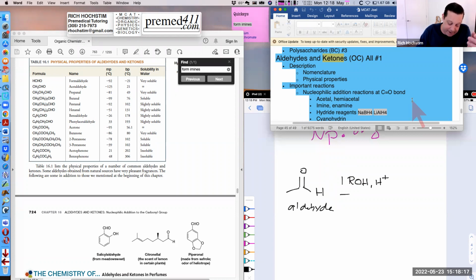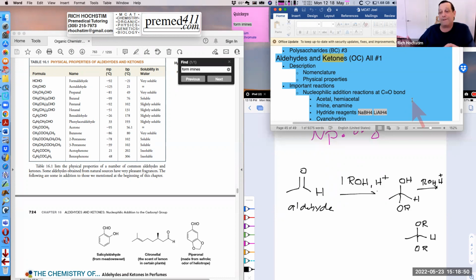And what's going to happen is we're going to end up with something that looks like this. And I'll show you the mechanism in a minute. And then if we use a second equivalent of the alcohol and H+, which is the catalyst, then what's going to happen is we're going to get an OR here and an OR here. And that's how it will look.